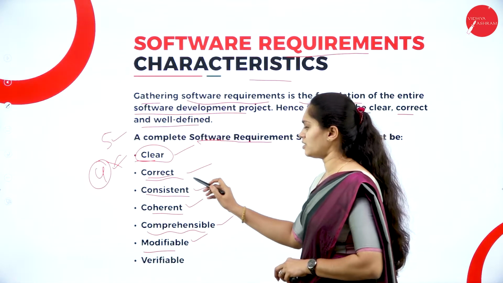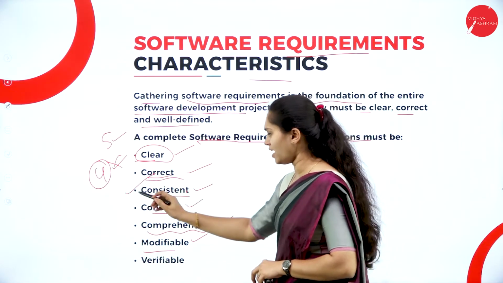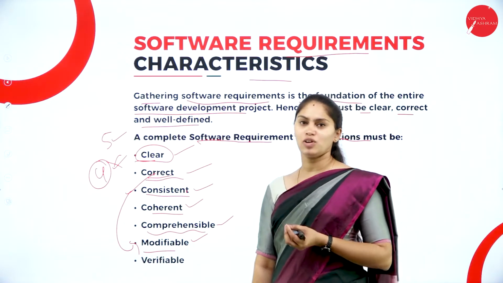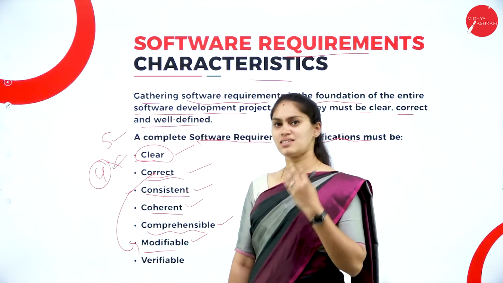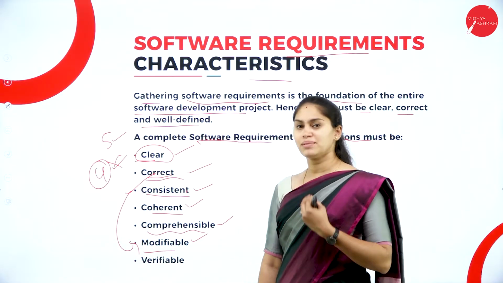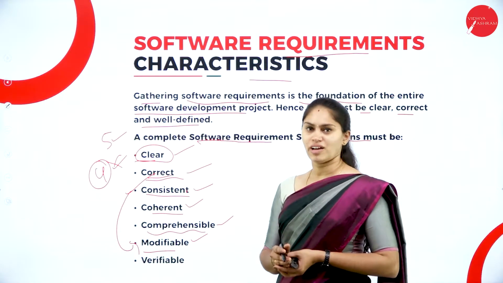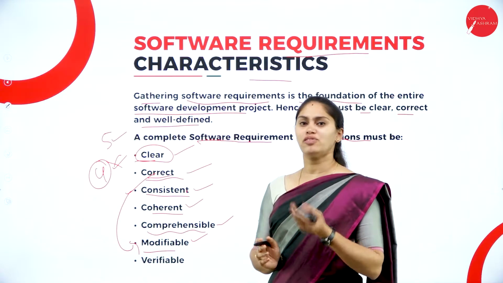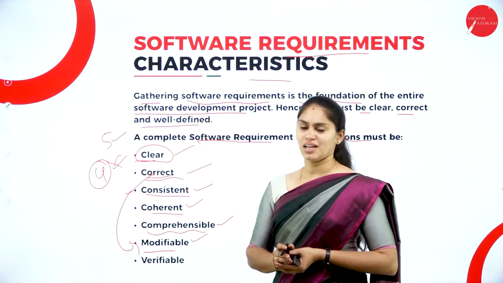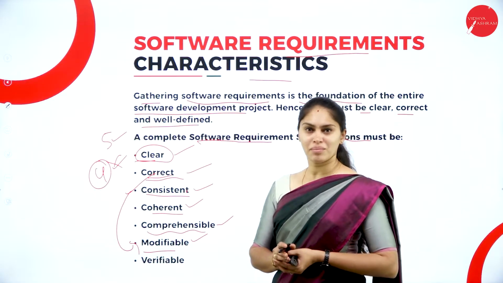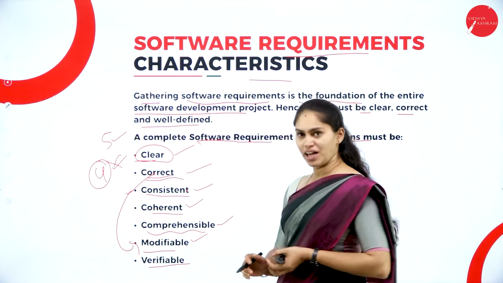And as we all know, consistency also should be there, as well as modifiability. For example, if I don't want my requirement to be static, or if I want to upgrade a system or a feature, at that time there must be modifiability. It has to be flexible enough to incorporate new features or requirements as per the demand of the market. And also we have verifiable.